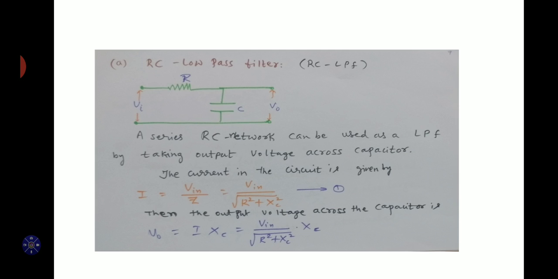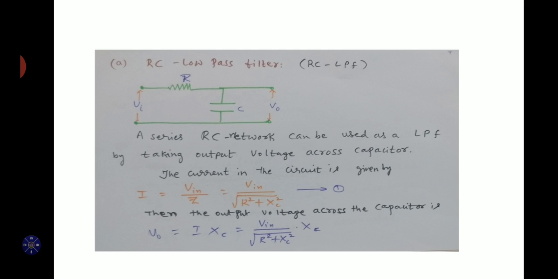Then the output voltage across the capacitor. Suppose I is the current flowing through the circuit, which is flowing through the resistance and also through the capacitor. So V0 equals I into XC. Voltage across the capacitor is V0, and I is the current flowing through the capacitor.